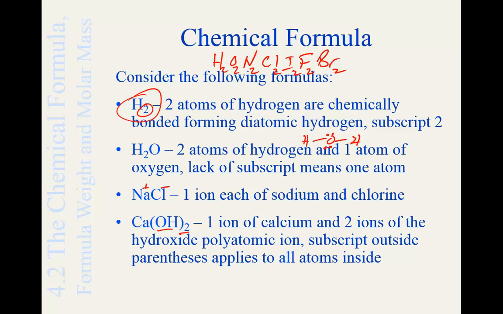Again, the hydroxide ion is called a polyatomic ion. And if we have more than one of those polyatomic ions, we must put the polyatomic ion in parentheses and then put the subscript outside the parentheses to say this is how many of those polyatomic ions are attached to, in this case, the calcium ion.